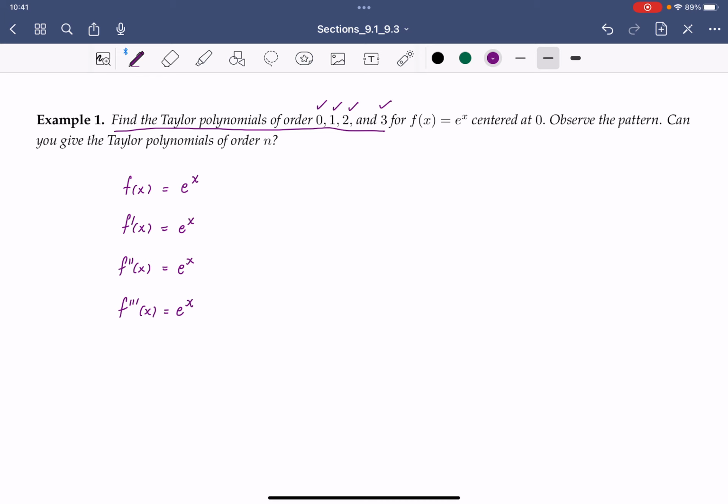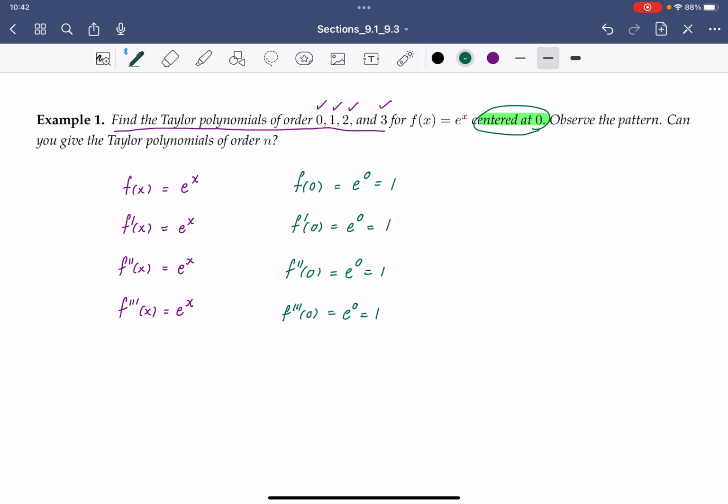Because I want the Taylor polynomial up to degree 3, you differentiate 3 times, and each time after you differentiate, you plug in the center, which is 0. So you get e to the 0, which is 1. Now f prime of 0, you get e to the 0 as well, which is 1. This is the same question as we did on Monday, e to the 0, which is 1, and the last one is also 1.